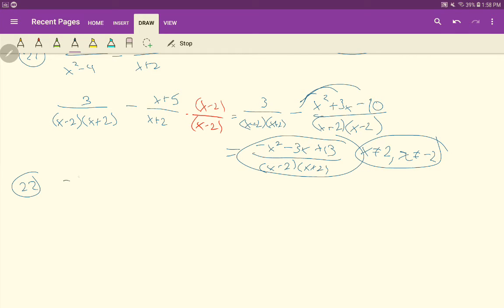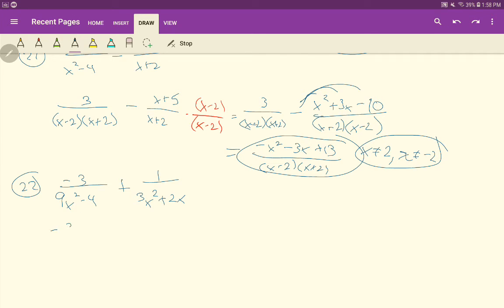Okay, so 22, you've got negative 3 over 9x squared minus 4 plus 1 over 3x squared plus 2x. Looking at this, I see, again, nothing in common. However, I see that this will factor. That's a difference of squares. 9x squared is a perfect square, 4 is a perfect square.